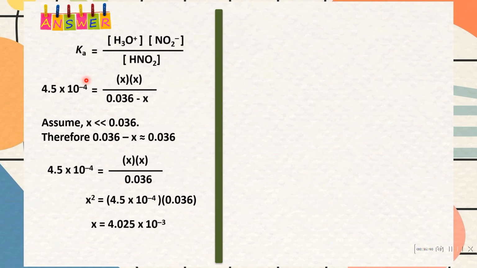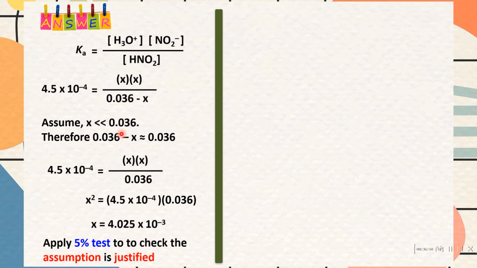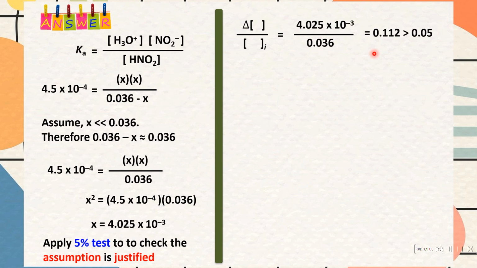Because this is 10 power negative 4, you have to apply the 5% test to check whether the assumption is justified, meaning whether this assumption can be used or not. The 5% test refers to the change in concentration over the initial. The change is the value of X over the initial 0.036, and you get 0.112, which is bigger than 0.05.